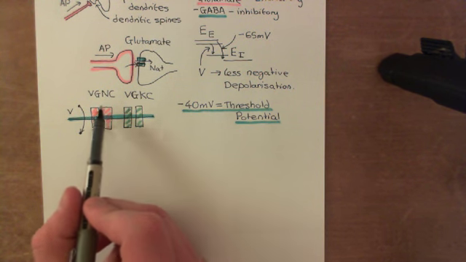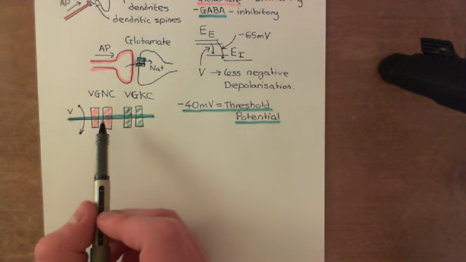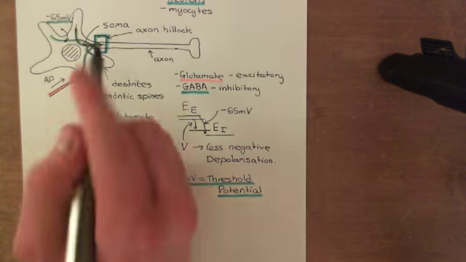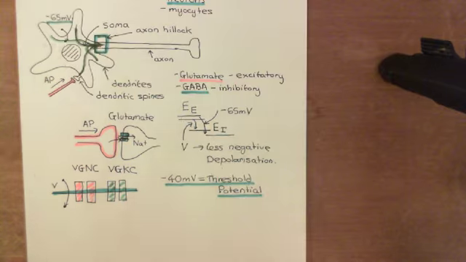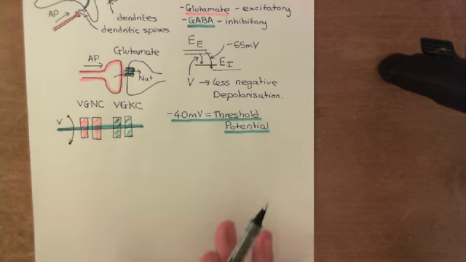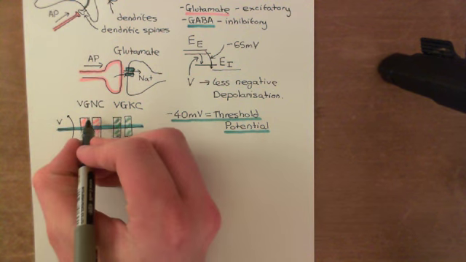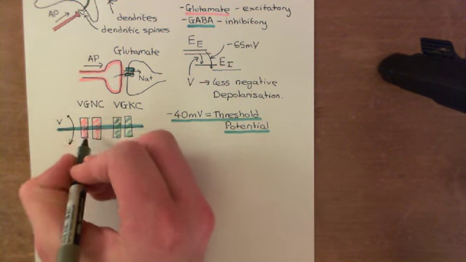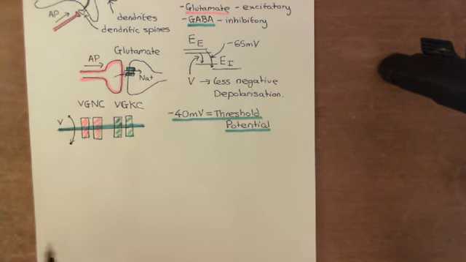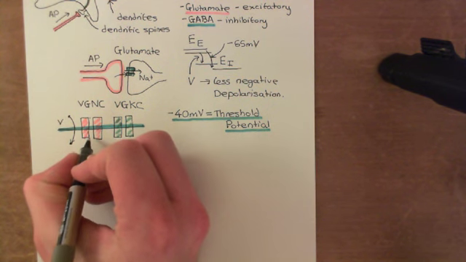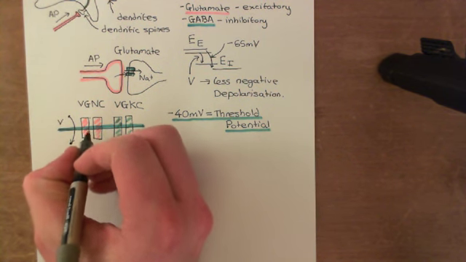And I want to stress that even though I've just drawn one voltage-gated sodium channel, we're talking about a little section of membrane here. There's going to be loads of voltage-gated sodium channels there, and they're all going to be opening very quickly, and they're going to make a pore through which sodium can move across the cell membrane.